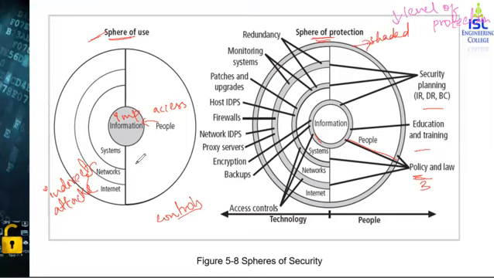All these controls are implemented between the system and the information, between the systems that are accessing the information, and also between the different networks and the different computers that are there on the internet.